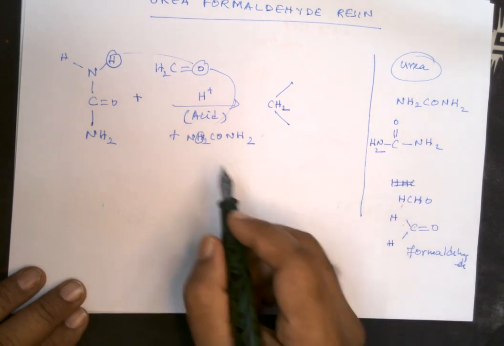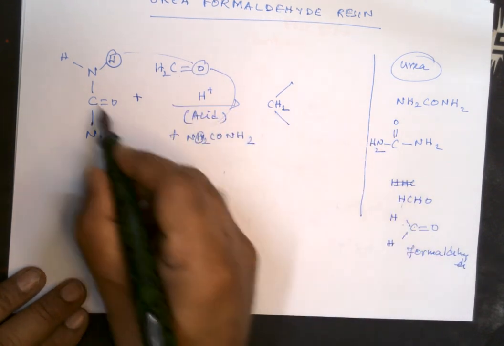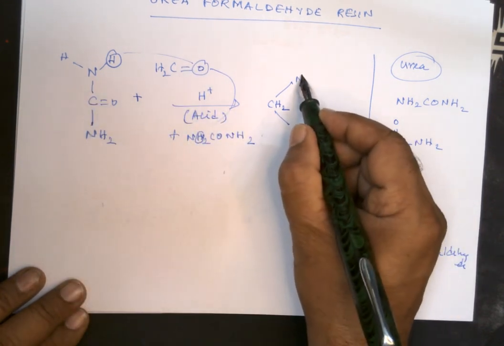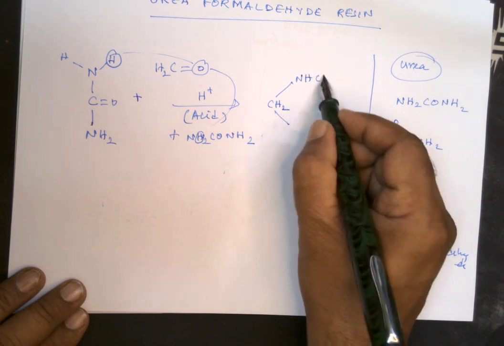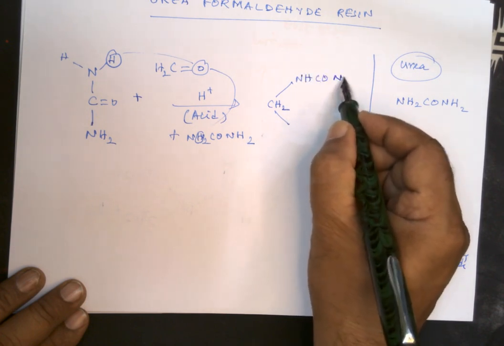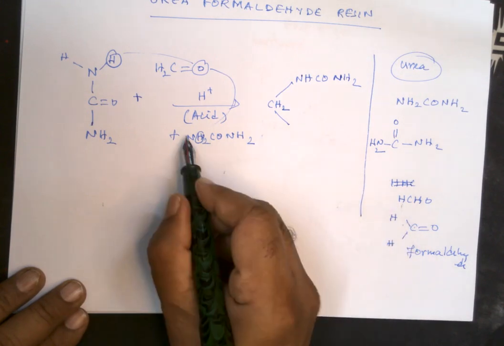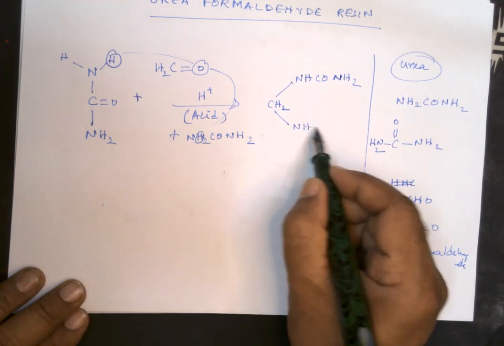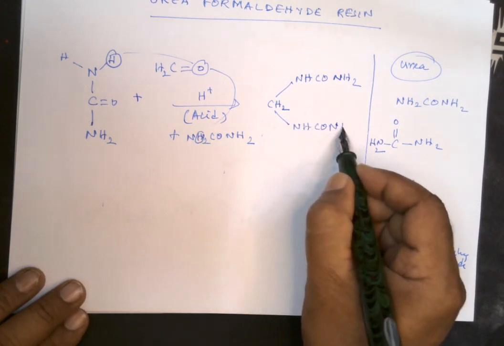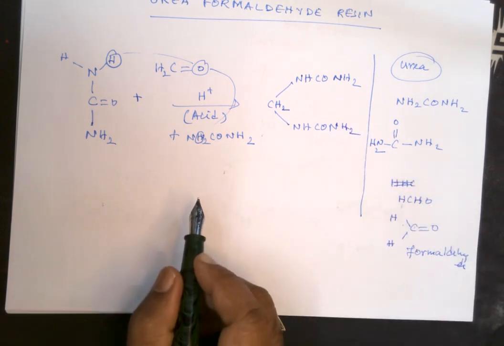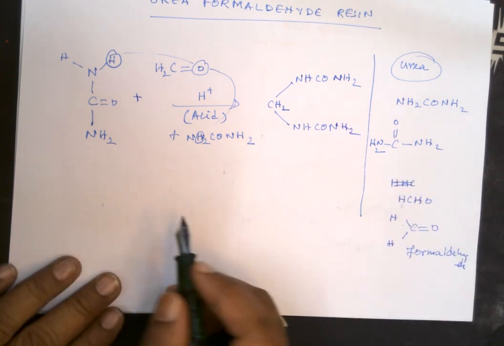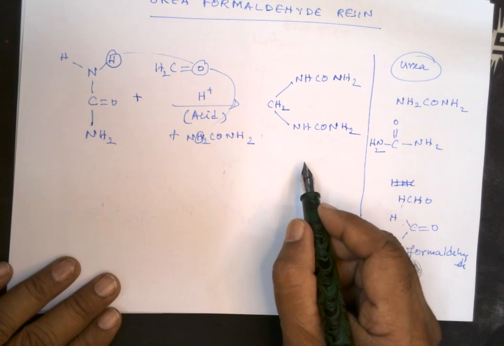So it forms CH2, and on one end you have NHCO NH2. On the other end you have NHCO NH2. So this is known as bisamide.